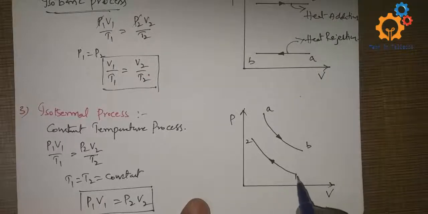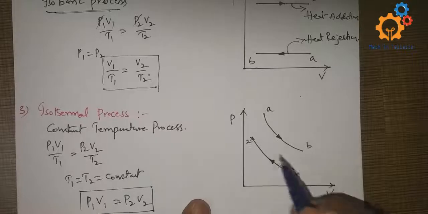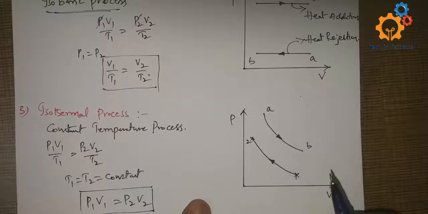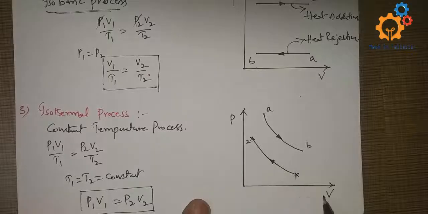Let us understand in the PV diagram. The curves are like a rectangular hyperbola. The system is changing its state from state 1 to state 2 isothermally. That means both pressure and volume are going to change.